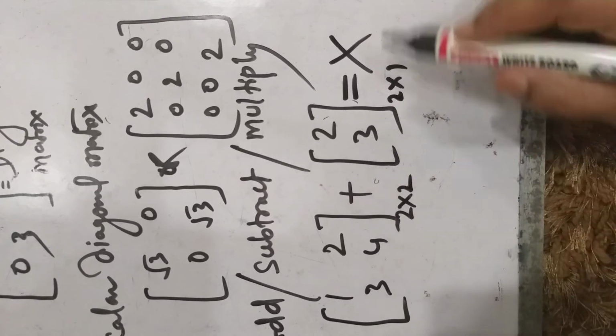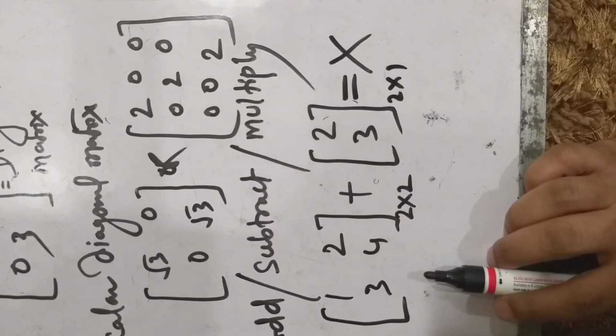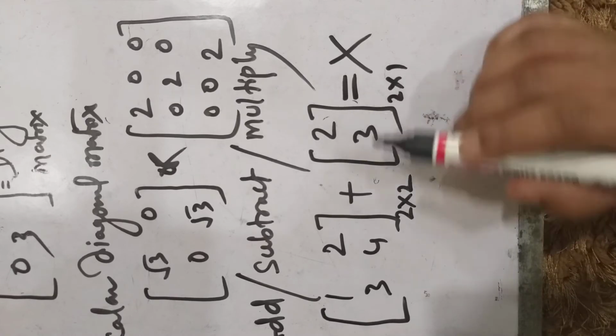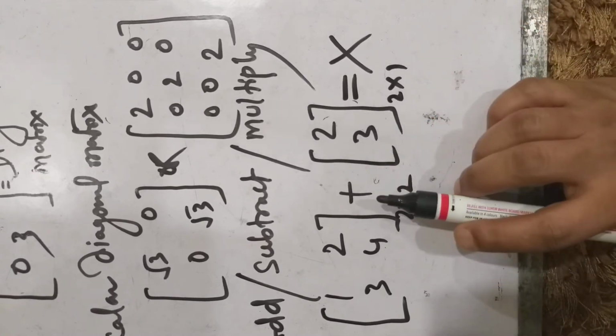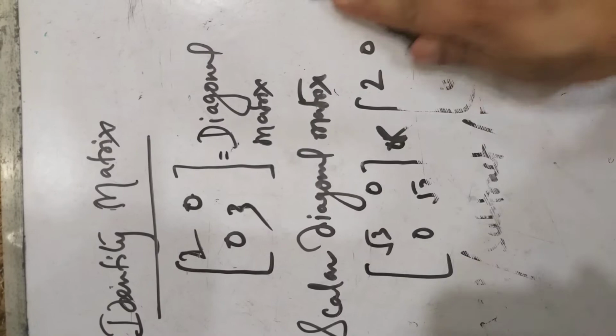To add any two matrices, the order has to be same. Then only we can add the matrices. Similarly, we can subtract two matrices whose order is same. Fine. So if I want to add or subtract any two matrices, the condition is check the order.